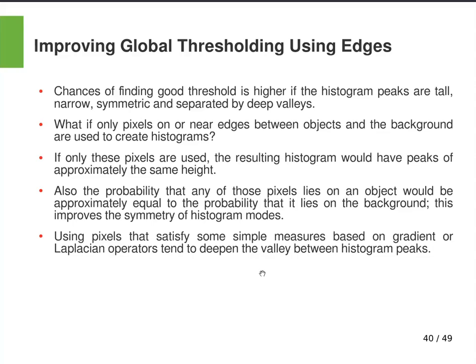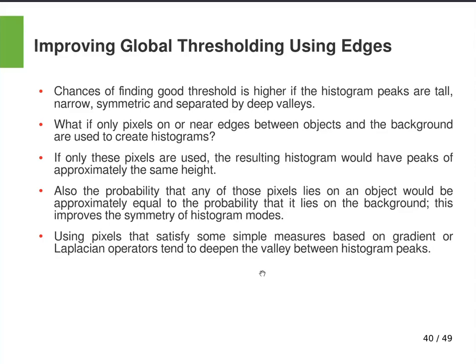So if we only use pixels on or near edges between objects and the background, the resulting histogram would have peaks of approximately the same height. Also, the probability that any of those pixels lies on an object would be approximately equal to the probability that it lies on the background.